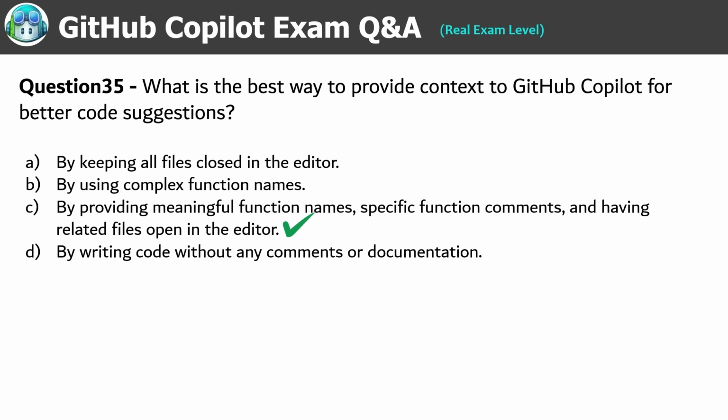Based on your code, you need to enter the comments, and you also need to keep the related files open in the editor. Based on the files open, it will get the prompts from them, and that will be the context for GitHub Copilot, and it will give the suggestions.